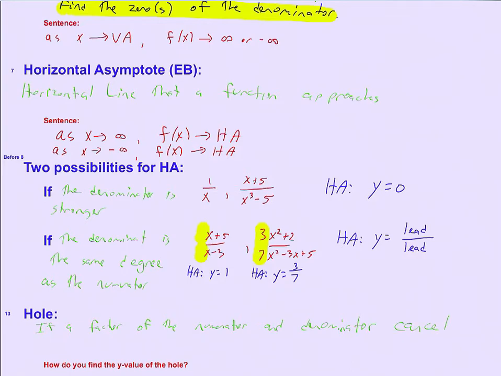Because we know that if there's, say, an x minus 2 in the numerator and an x minus 2 in the denominator, they would cancel out.